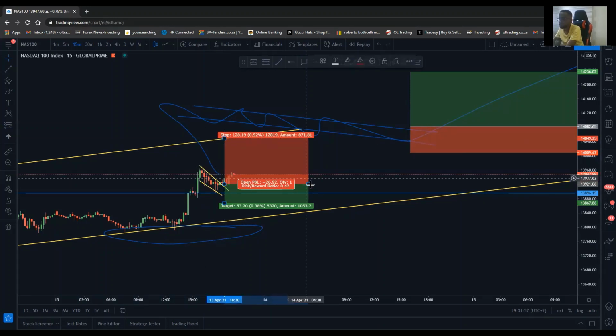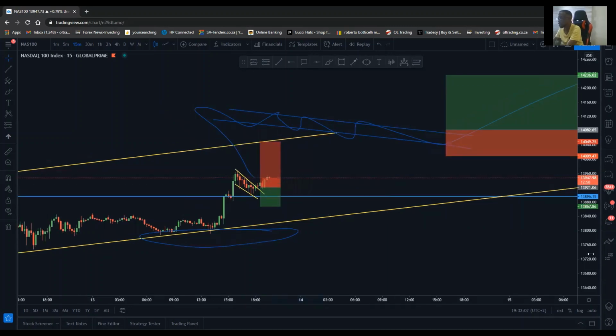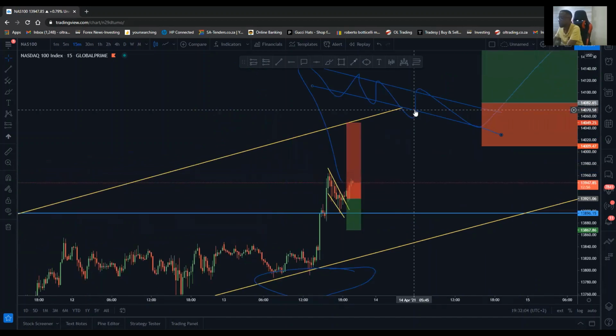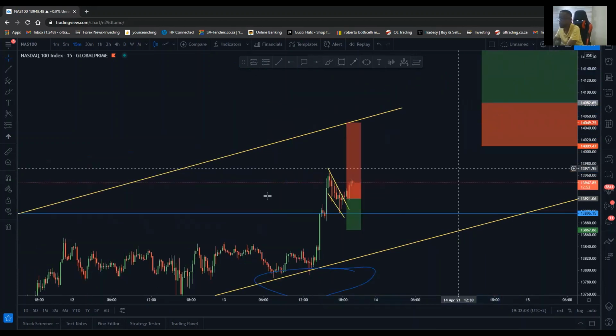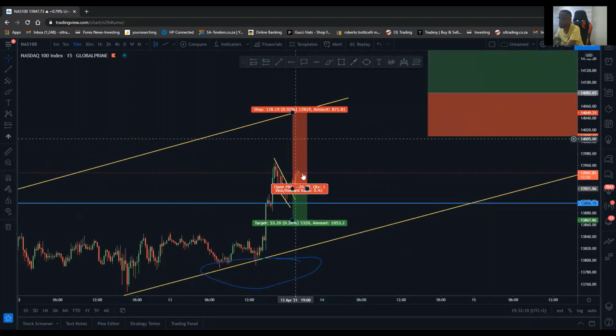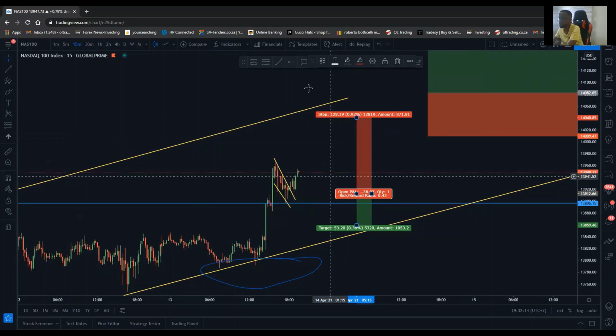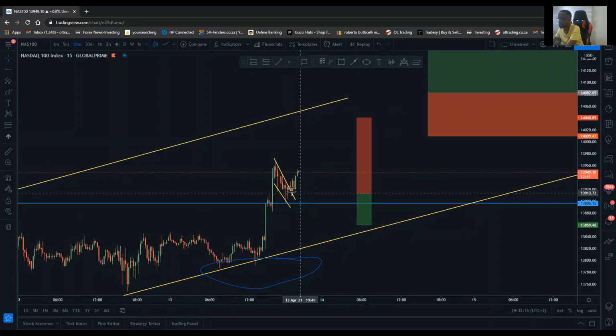So you can see we are really having a great move. But you don't need to rush it because it was already moved. We can wait for another retest, because we can have a retest to this level here.